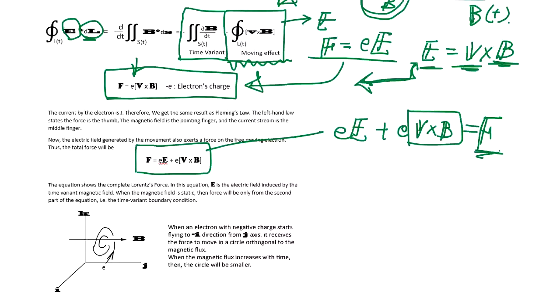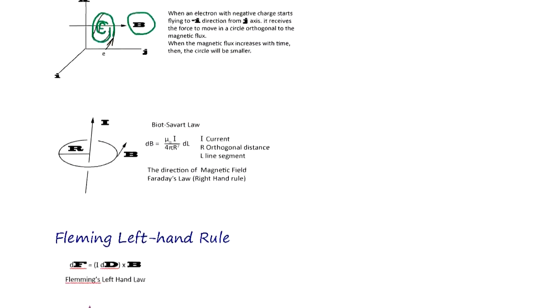For example, when you have a B and the electron is moving orthogonally, you get the force toward the center of the circle. The circle becomes smaller and smaller. So that's the Lorentz force.